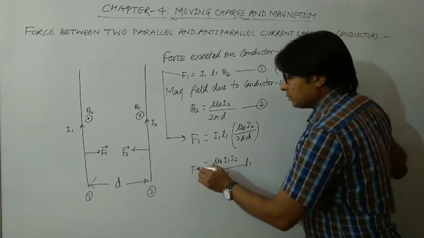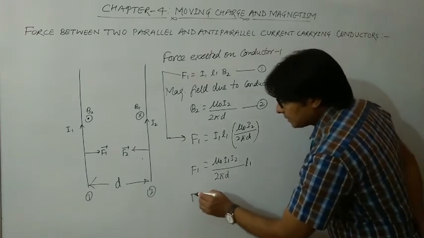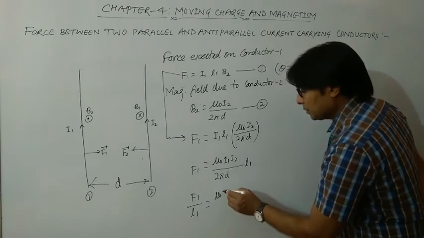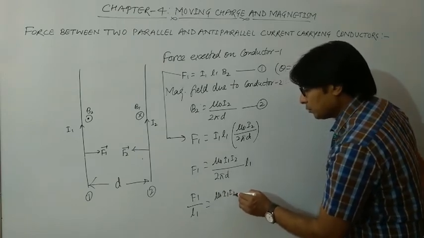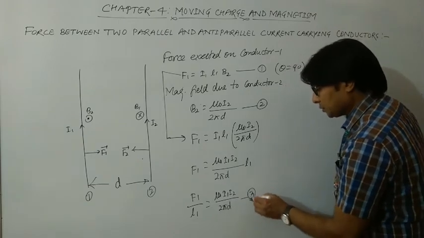So this is the value of force, or if I write this expression as F1 upon L1 is equal to mu 0 I1 I2 upon 2 pi D. This is equation, suppose, third.